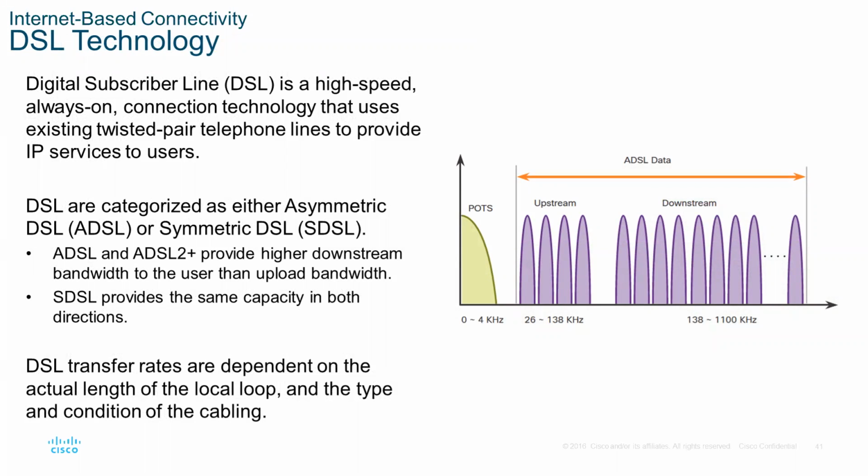Digital subscriber lines is a high-speed, always-on connection that basically worked over telephone lines. So what happened with DSL is they used frequencies above what was used for telephone services.